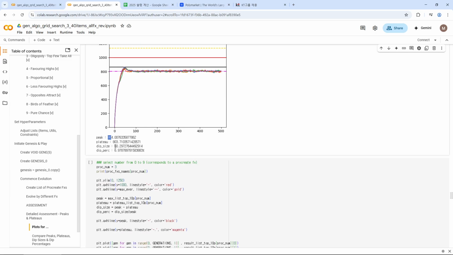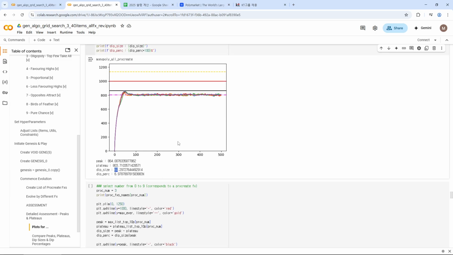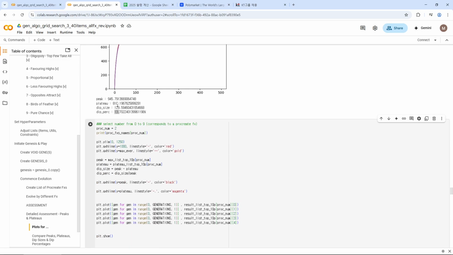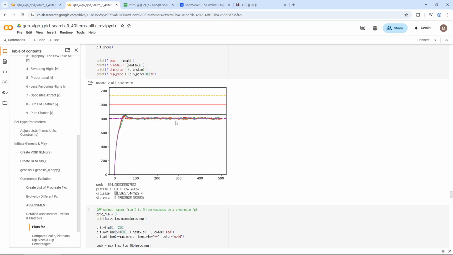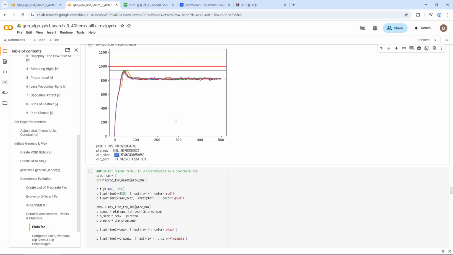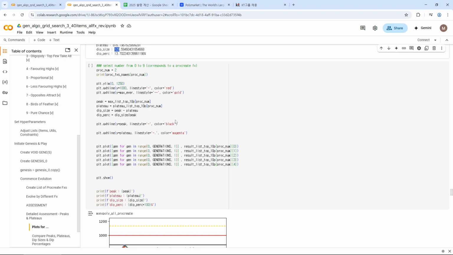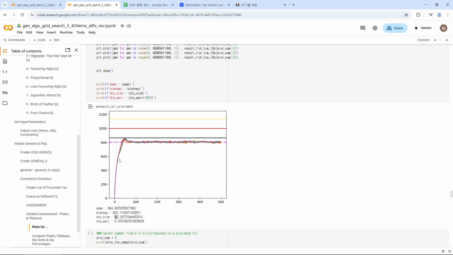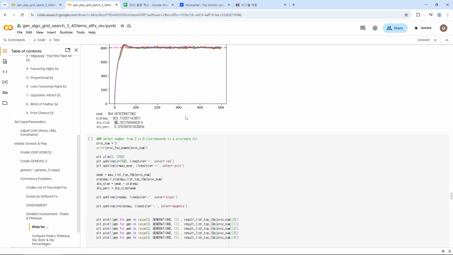When we add the 80 here, it's 140, or it's 129. So not that big of a difference. Not huge. So we can say that the dip size and the dip percentage change are not that big because the peak is not that high.